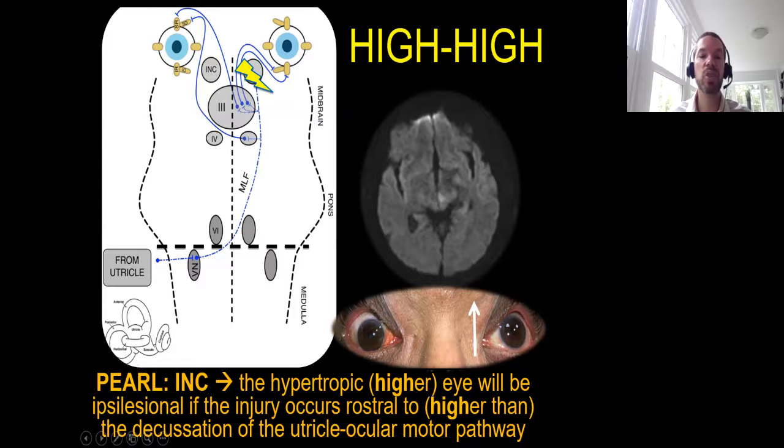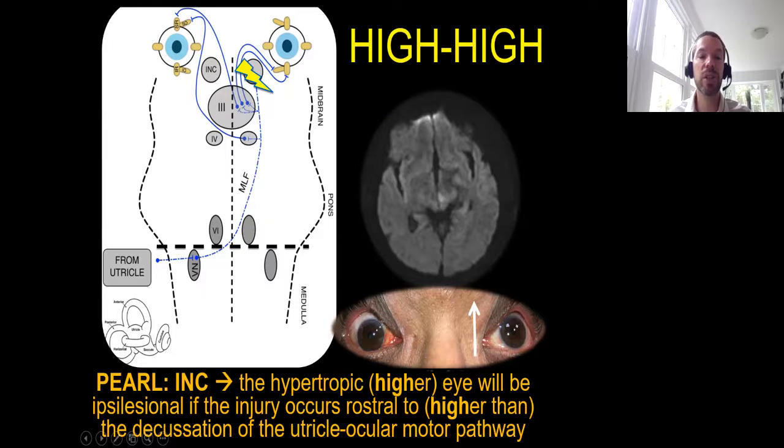So the best way to localize a skew deviation, if it's coming from the lateral medulla, is the company it keeps, by doing a complete neurologic exam. That being said, the oculomotor and neuro-ophthalmic exam is usually all you need to do. Like I said, if I see some hypermetric saccades to the right and there's a right-sided Horner syndrome, I already know where it's going to be.